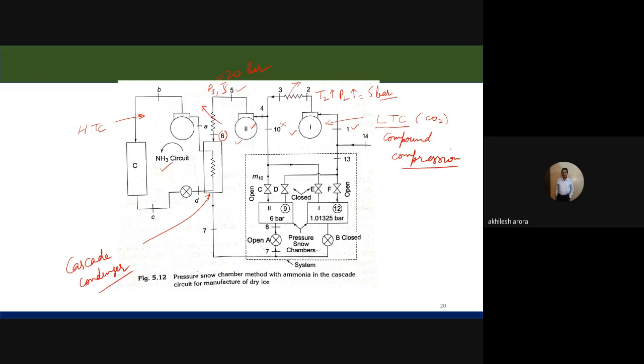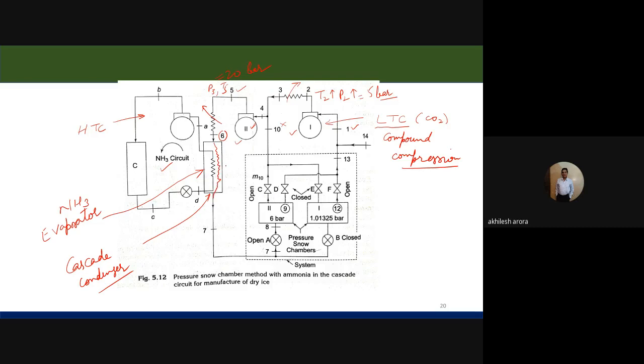So what happens in the cascade condenser? This is basically the evaporator for ammonia, and simultaneously it is also acting as the condenser for CO2 for the low temperature circuit.